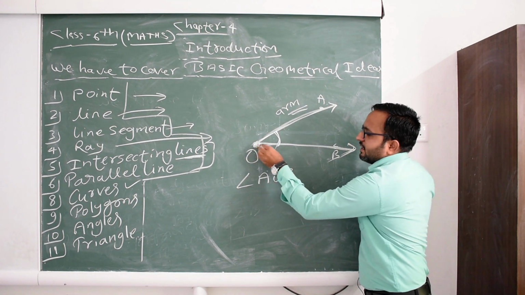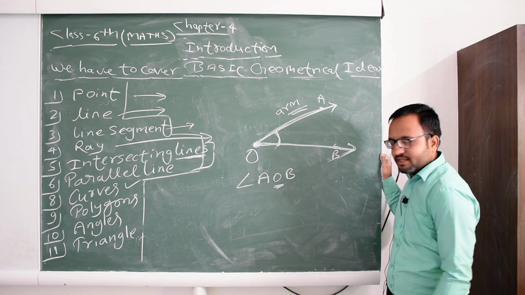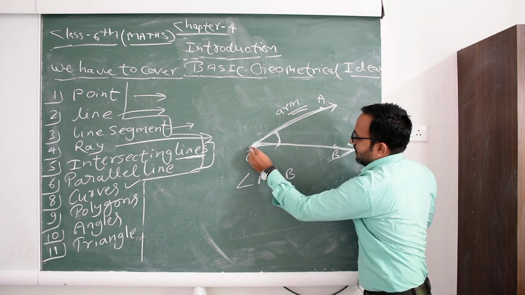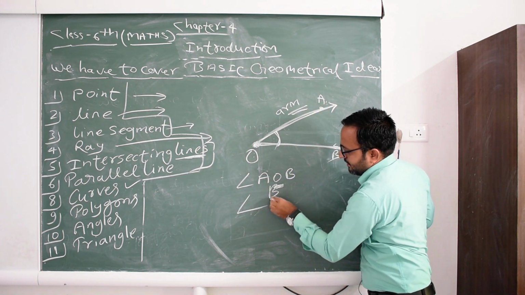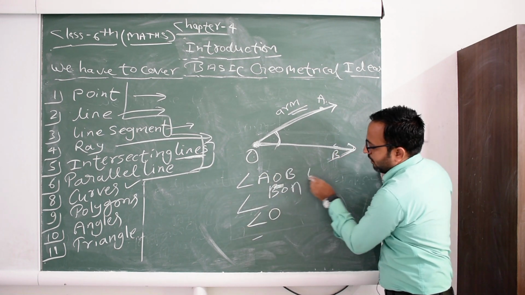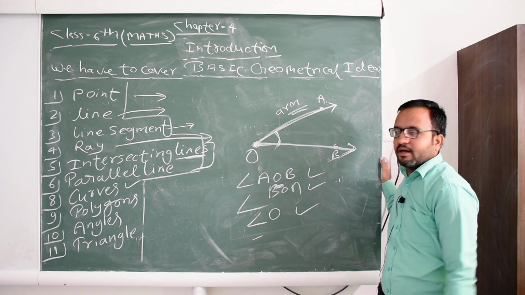The vertex is at the middle place, that means O will be in the middle. So we call it AOB, also BOA, and also angle O. All three are correct.